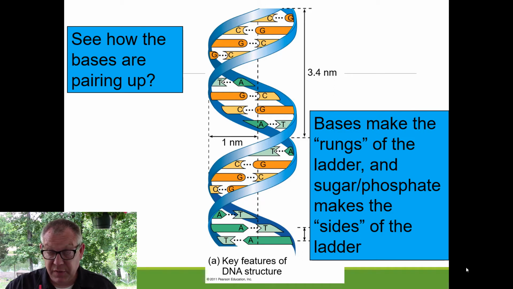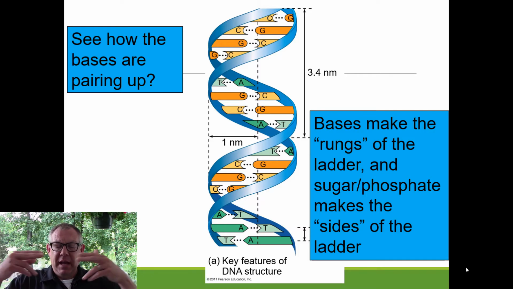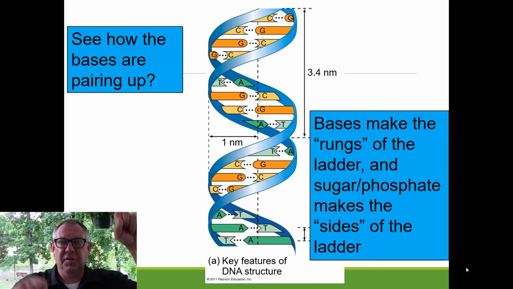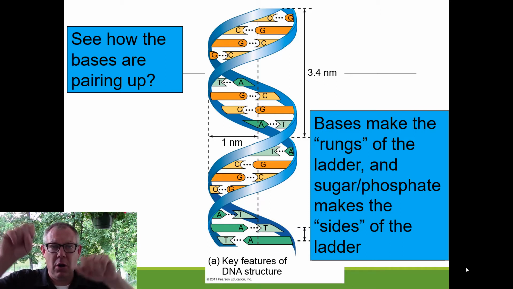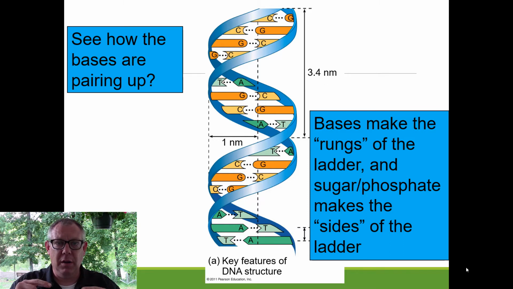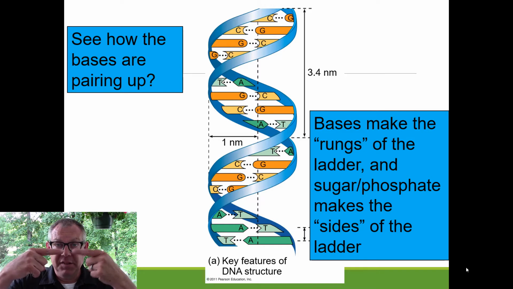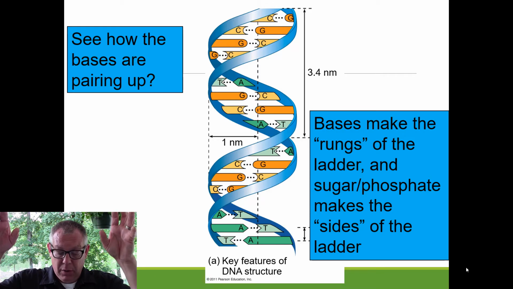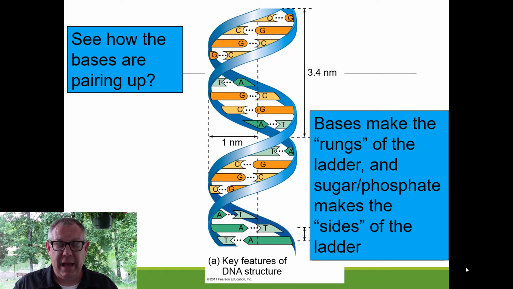If you look at this figure, you can see how the bases are pairing up: an A is always with a T and a C is always with a G. The bases make the rungs of the ladder. If you think about a ladder, the part that you step on and grab hold of, those are the rungs, and the metaphor is that those are the bases. And then the sugar phosphate backbone makes the sides of the ladder.